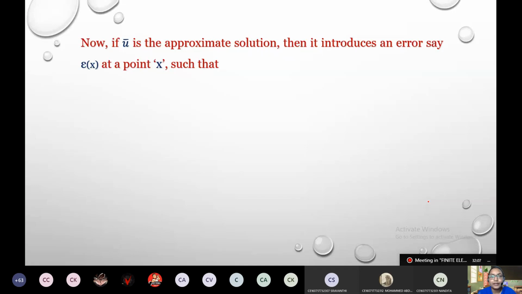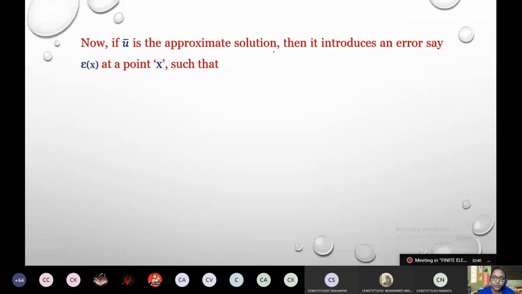So that error is taken into consideration in Galerkin's method, and that leftover, which may be positive or negative, we call the residual. Now suppose in L of u is equal to P, the governing differential equation we have taken, u bar is the approximate solution.